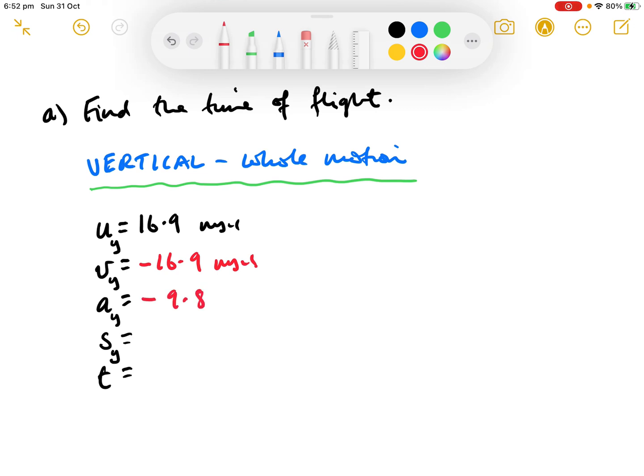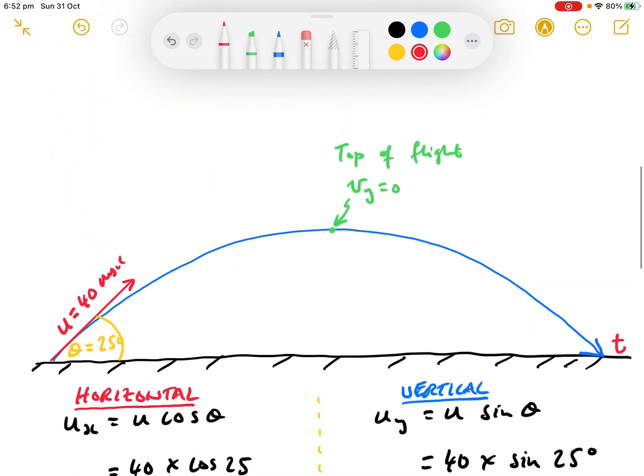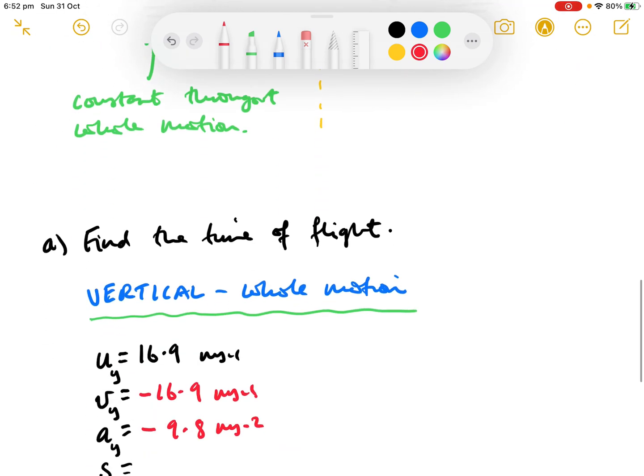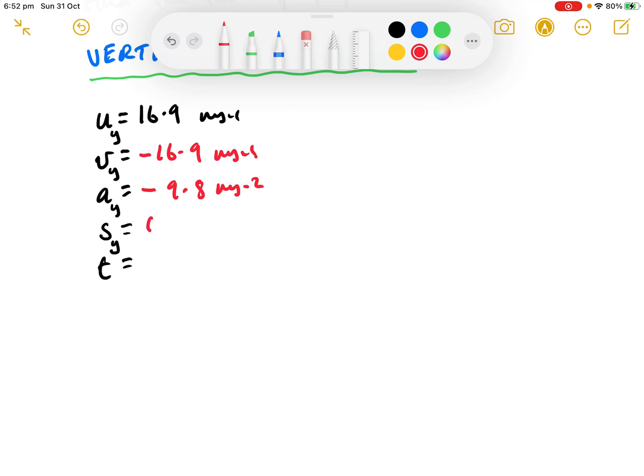The second hidden bit of information is the acceleration due to gravity, which of course you should know. And the third thing you can put in simply by treating the whole motion is that because the body returns to the ground, then its vertical displacement is 0. So you've got those 3 bits of information there simply by knowing the physics of the situation.